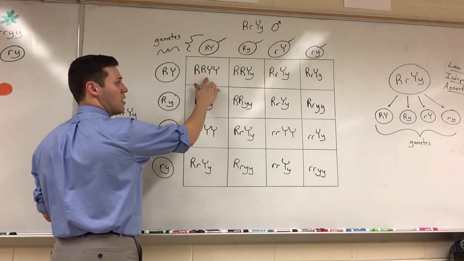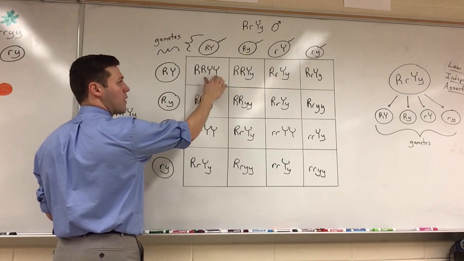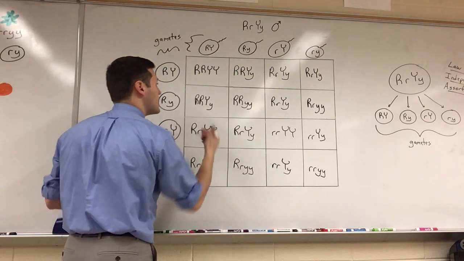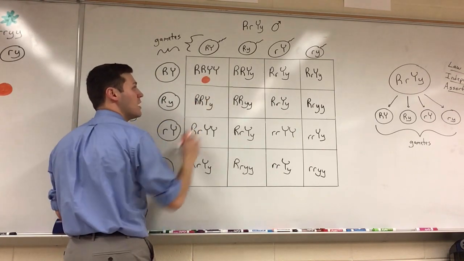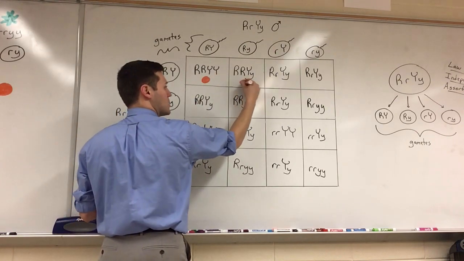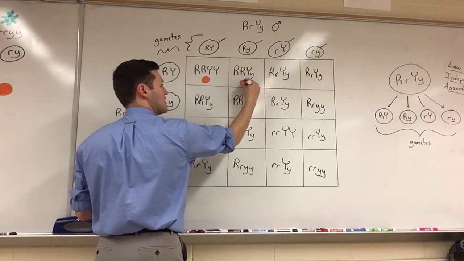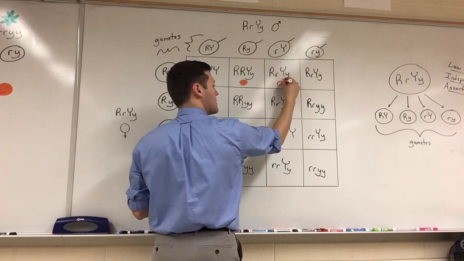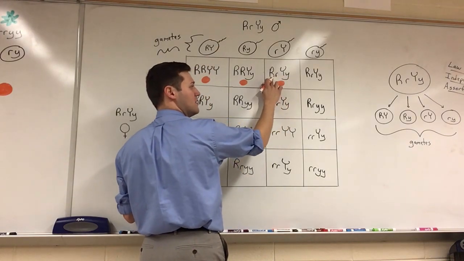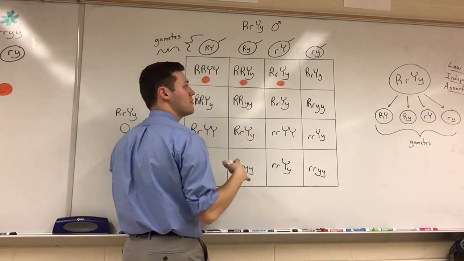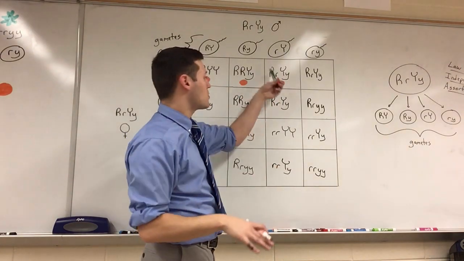If this offspring is big R, big Y, it's going to be yellow and round. Here, it's also going to be yellow and round. Here, it's also going to be yellow and round, because the dominant allele kind of blocks the recessive allele.